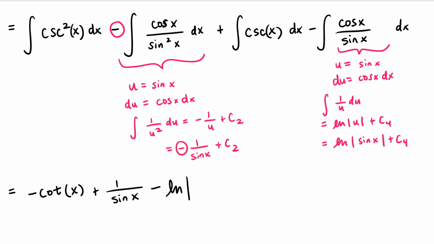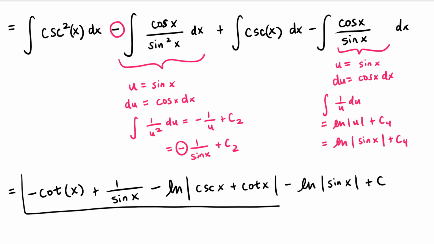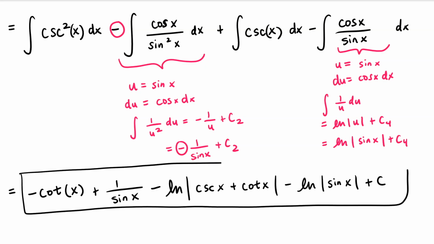So minus the natural log of the absolute value of cosecant x plus cotangent x. And then we have minus the natural log of the absolute value of sine of x, and then we have our constant of integration. And here is our final answer.